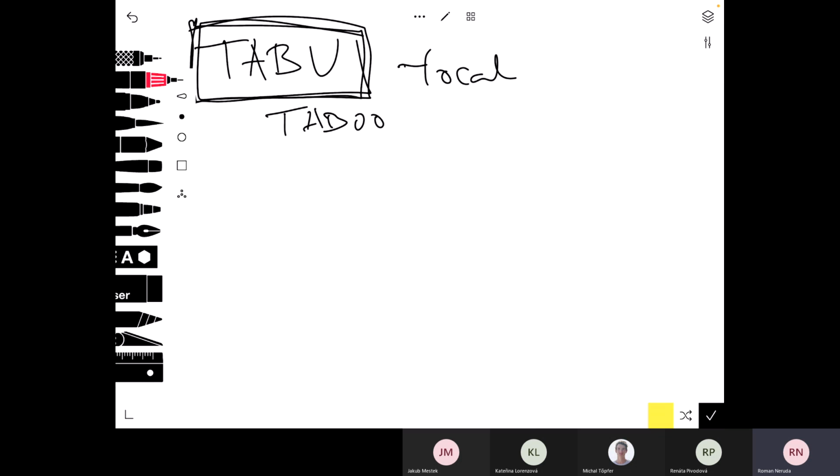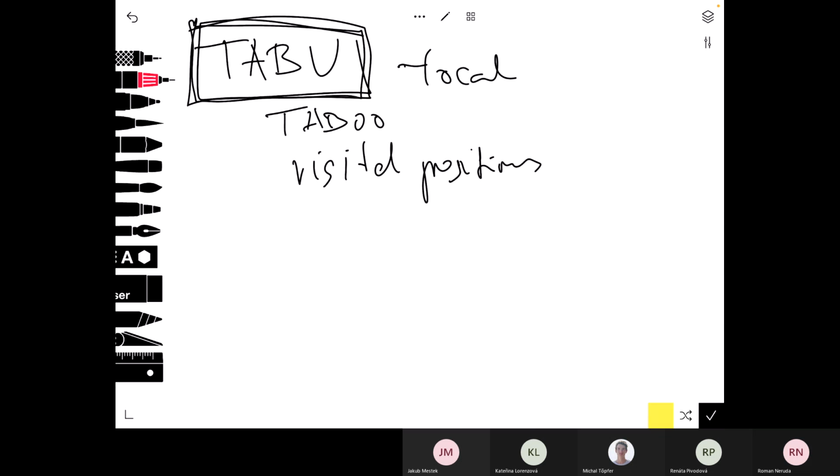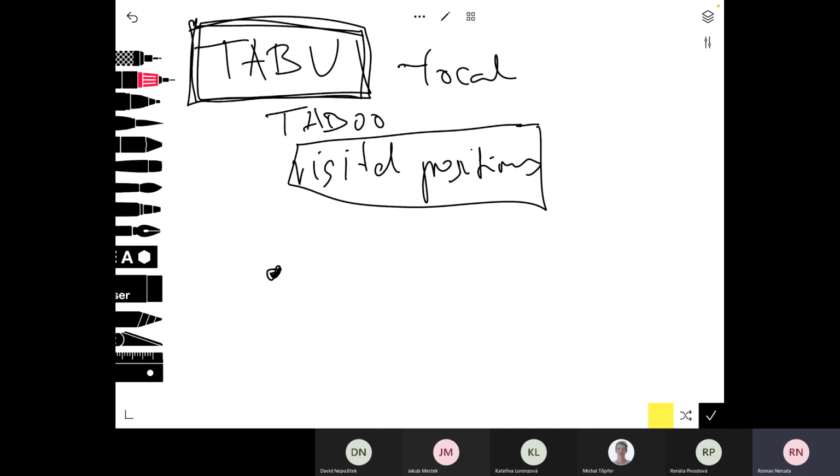So the idea of taboo is that we will remember the visited positions, and we pronounce them taboo. How to do it? Well, first of all, the motivation is nice, right? We are doing local search, so we're in some position, and we're deciding. Imagine the hill climbing type of scenario.